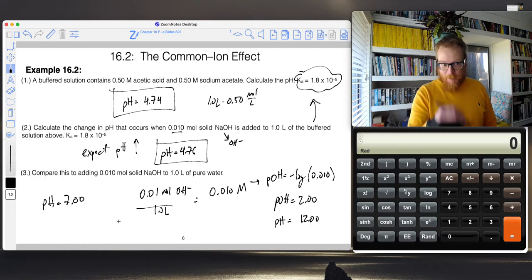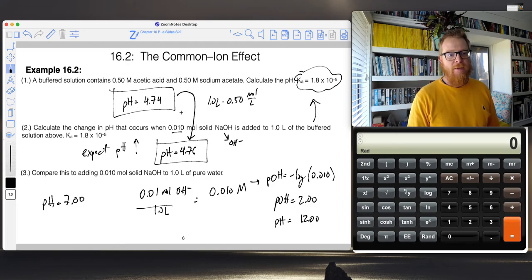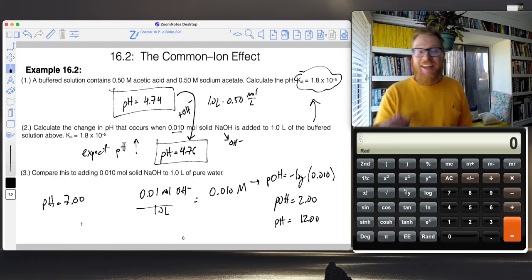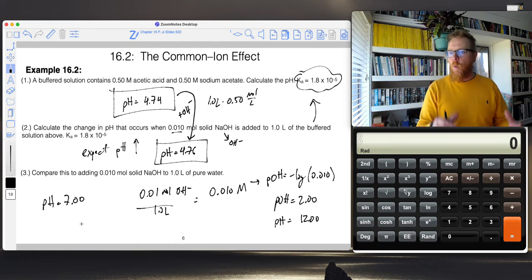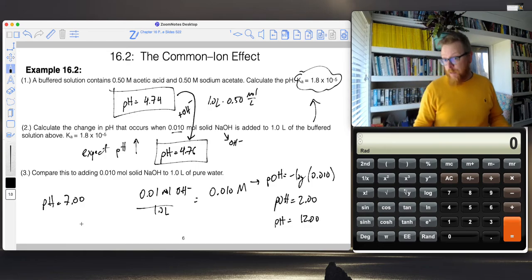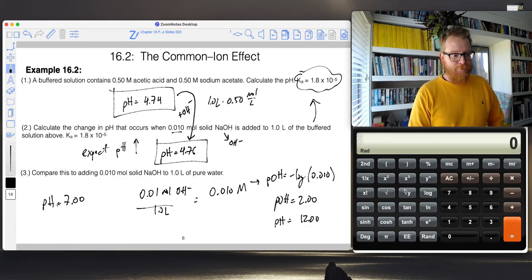So again, in thinking about how this problem goes, okay, if I have the solution, pH 4.74, I add hydroxide, and it barely changes. It becomes 4.76. But now, if I compare this, if I was adding that same amount of hydroxide to just ordinary water without any buffering capacity in that water, right?